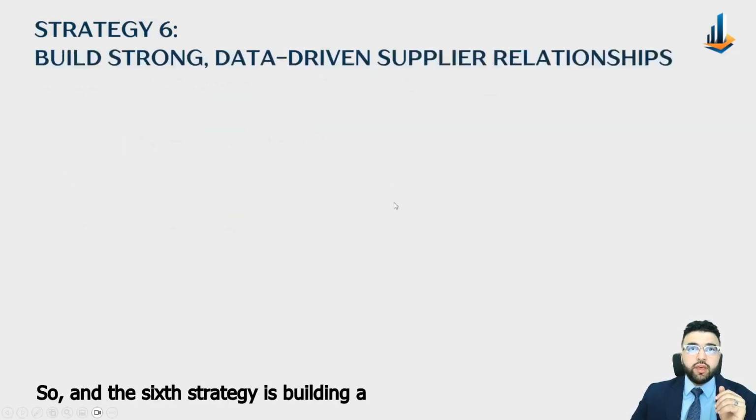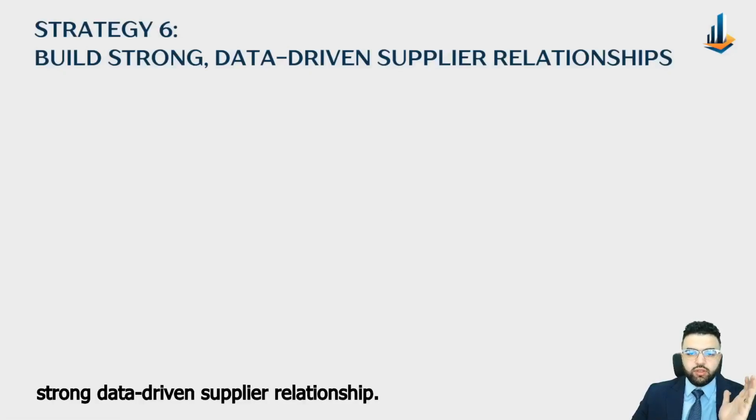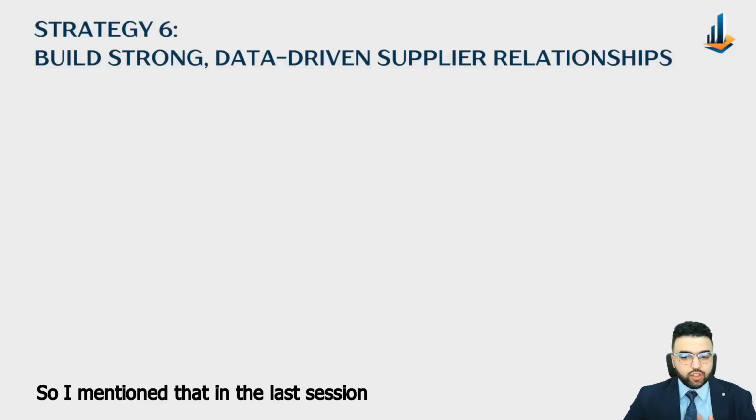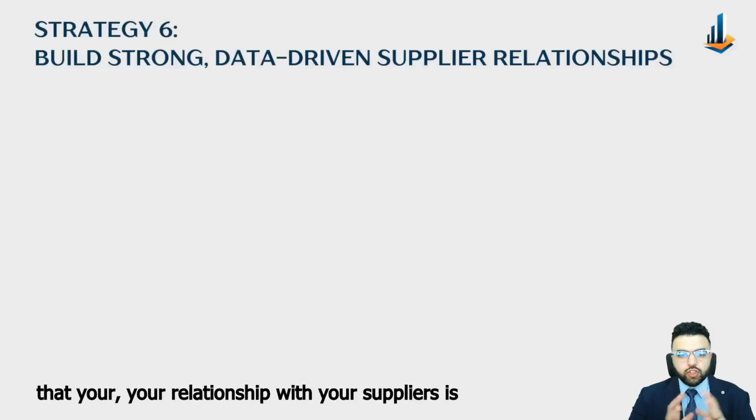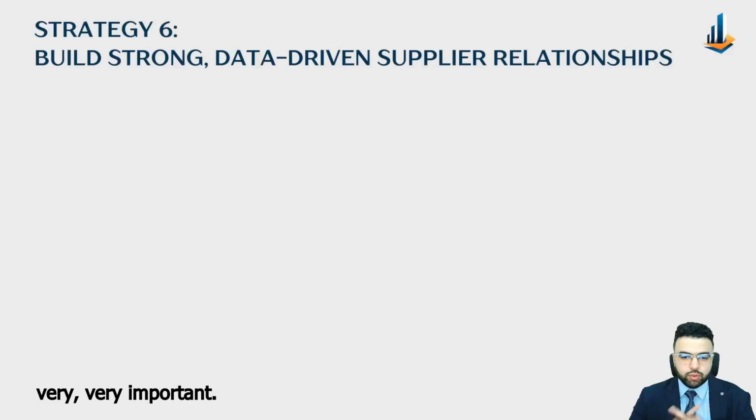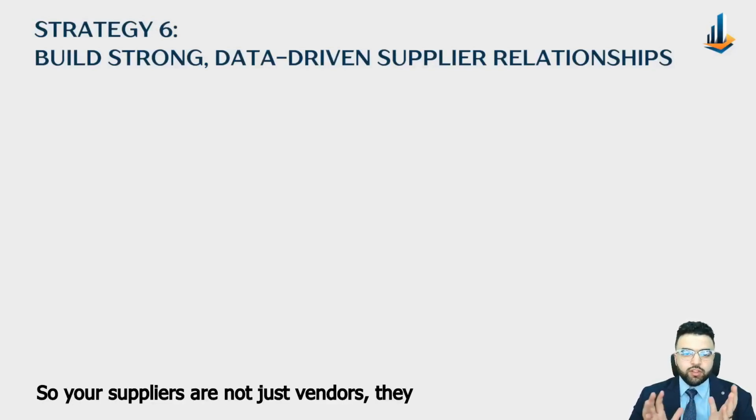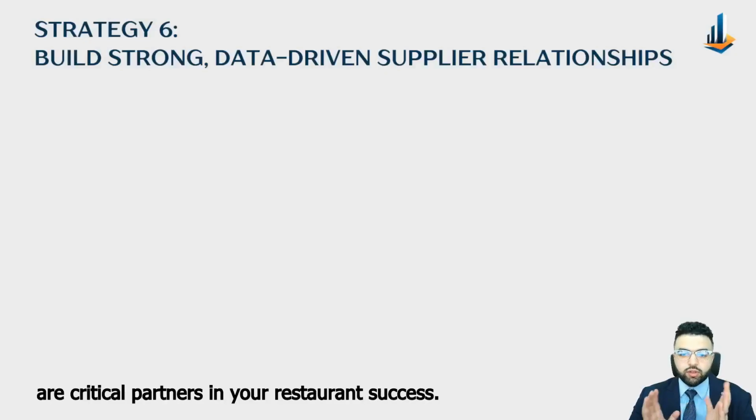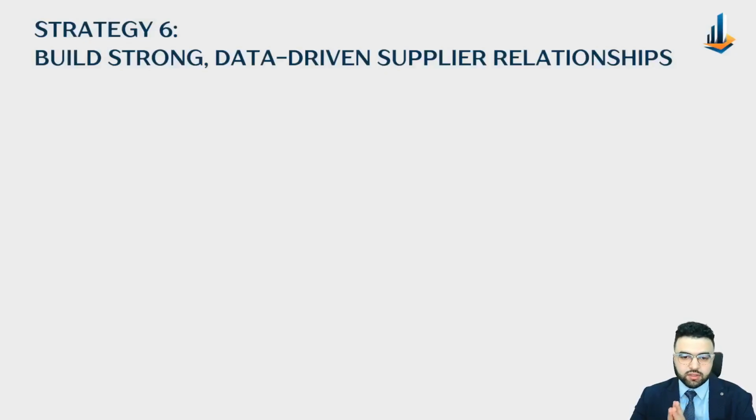All right. The sixth strategy is building a strong data-driven supplier relationship. I mentioned in the last session that your relationship with your supplier is very, very important. Your suppliers are not just vendors, they are critical partners in your restaurant's success.